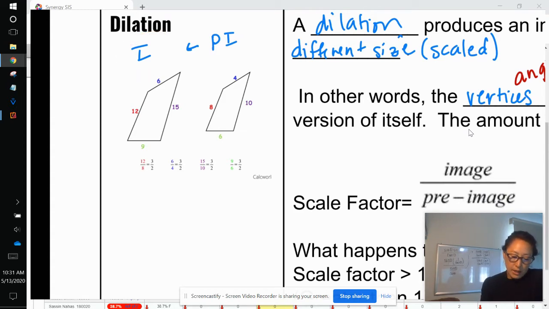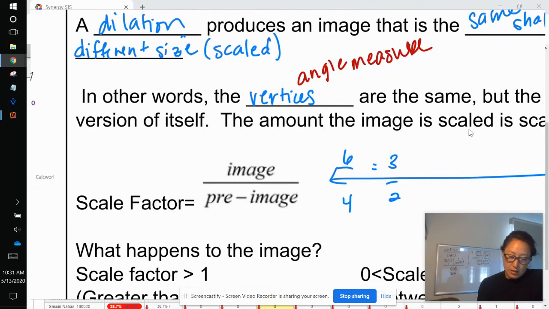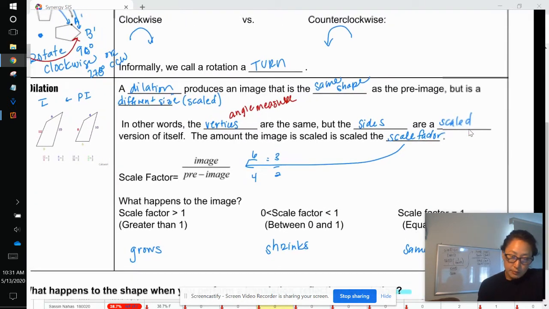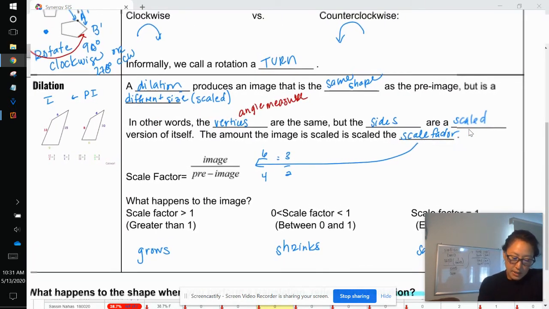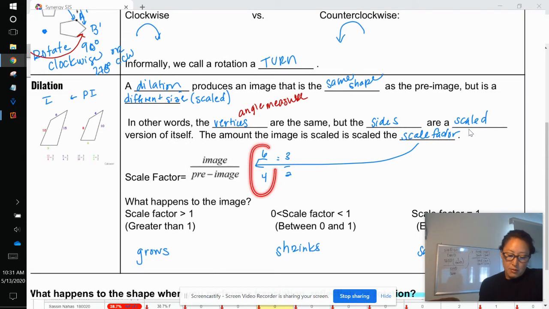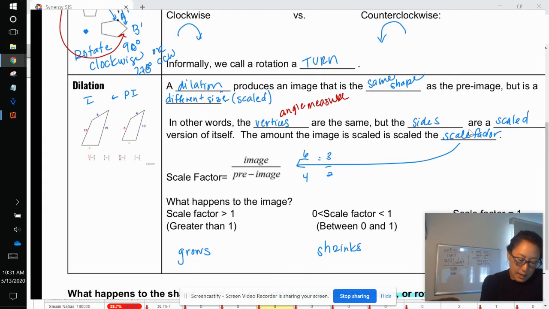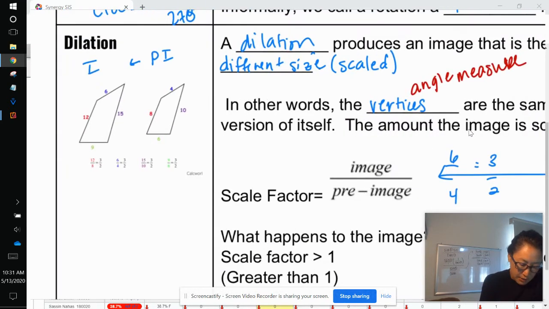So what I'm looking at is the ratio between the image and the pre-image. I'm going to write that down as 6/4, which reduces to 1.5, or 3/2. That means that all the sides here are times 3/2, or they're 1.5 times larger.